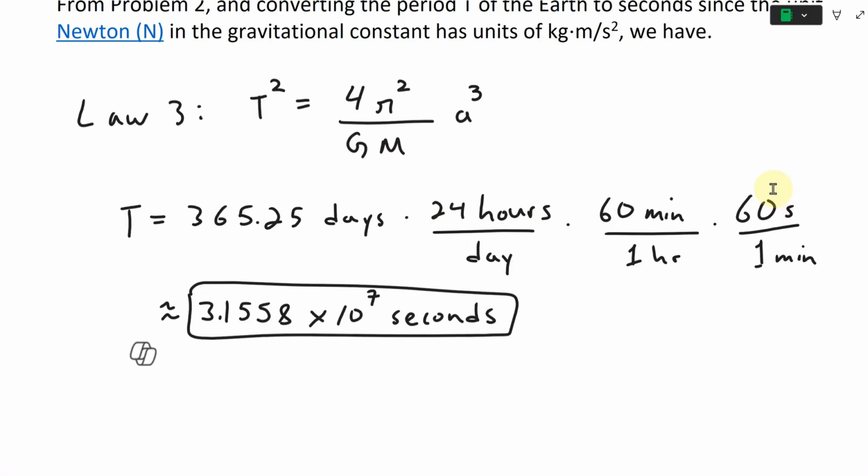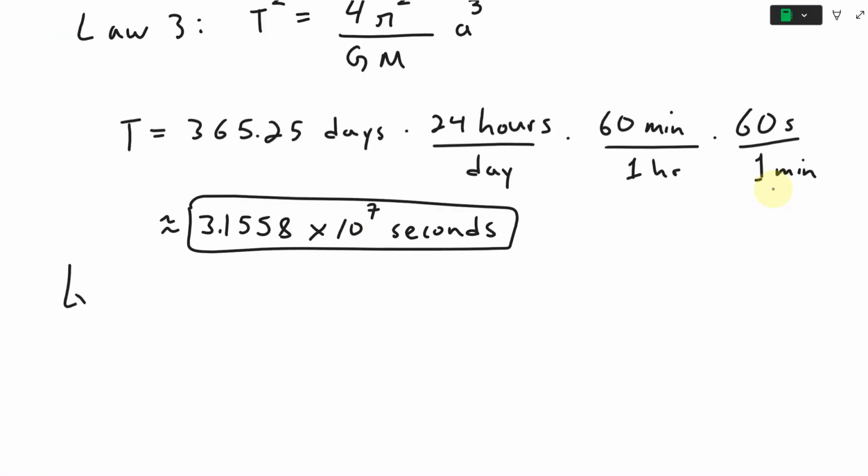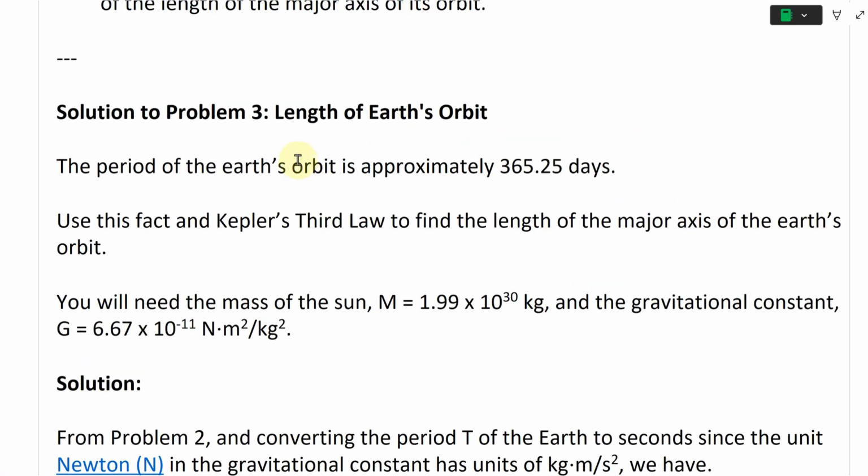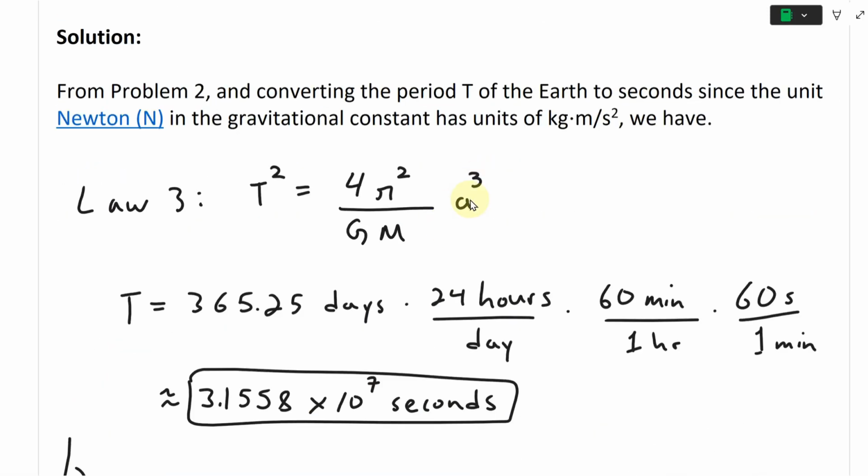All right. So that's what we have, and now we're asked to find the length of the major axis of Earth's orbit, so how big it is. We just solve for a cubed.